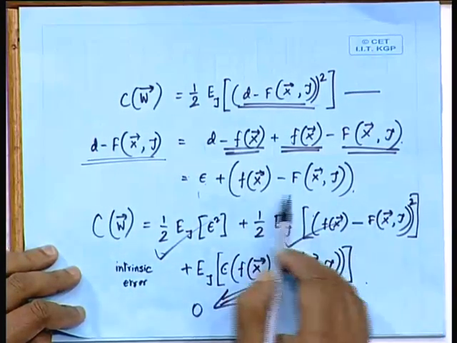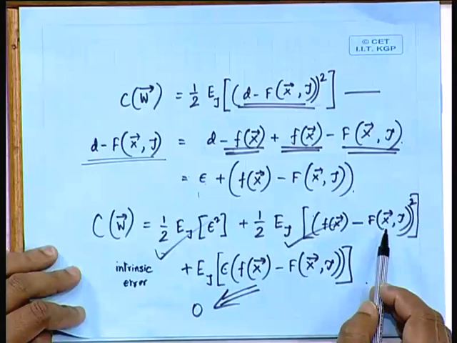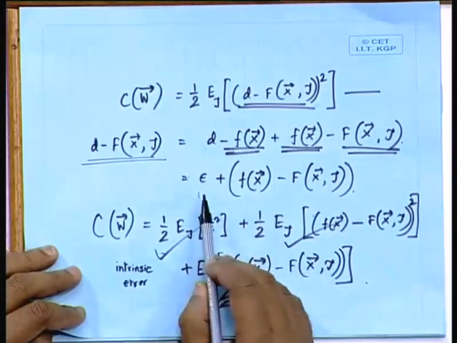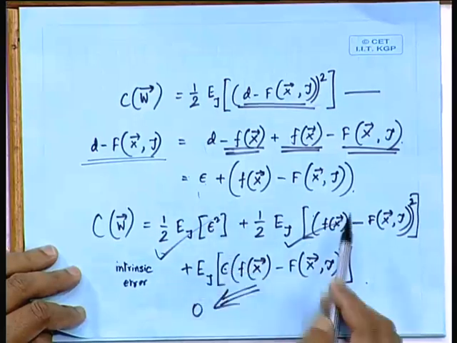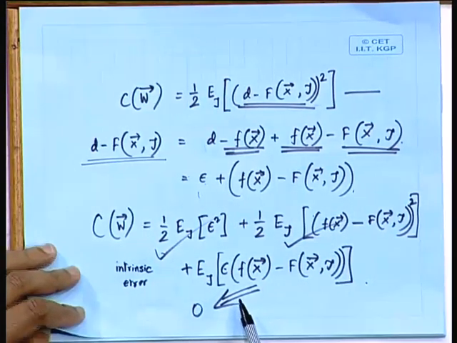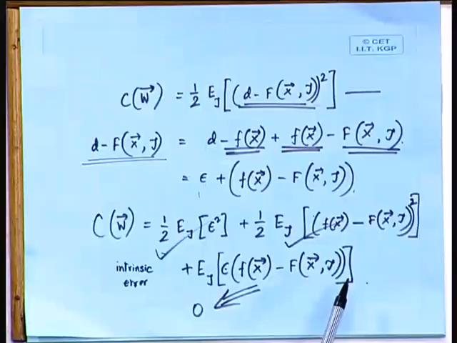And then we had the square of this quantity, without any problem, and we had a term that involved a multiplication of epsilon with this. Now, this term will equate to 0, and in fact that is what we were discussing towards the end. This term will equate to 0 simply because the intrinsic error epsilon is uncorrelated with respect to both f of x and the neural network realization function f of x, tau. And since it is uncorrelated with respect to both, this term will equate to 0.